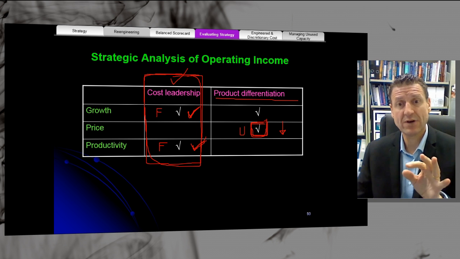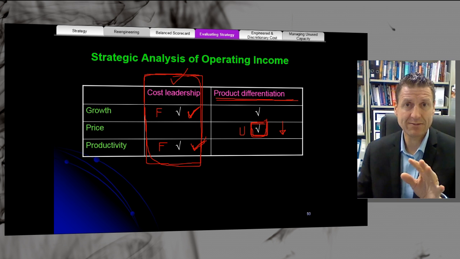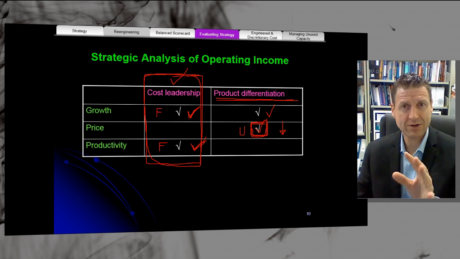Now, if chipset was following a product differentiation component, then chipset would actually focus more on making sure that the price recovery is going to be favorable and also making sure that the growth component is favorable and may not focus so much on the productivity.